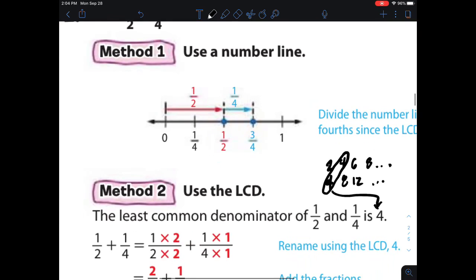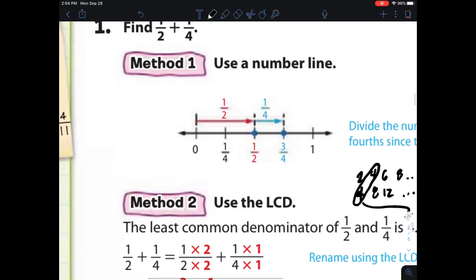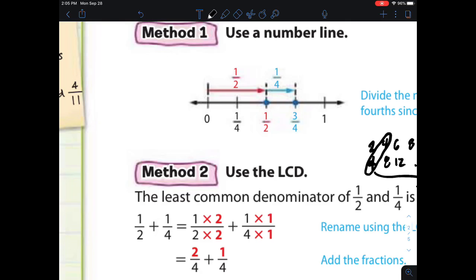Okay? So from there, you get now 1/2 plus 1/4. And the least common denominator is 4 right there. And you ask yourself, what did I multiply 2 by to get to 4? I multiplied it by 2. What did I multiply 4 by to get to 4? I simply multiplied it by 1. So whatever you multiply the denominator with, you need to multiply the numerator as well.